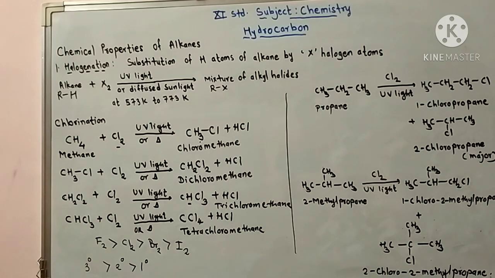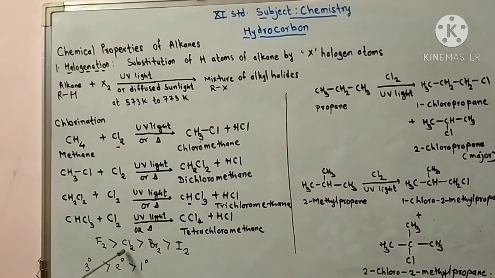The reactivity order of halogens towards alkanes is this: fluorine is more reactive than chlorine, chlorine is more reactive than bromine, and bromine is more reactive than iodine. So the most reactive is the fluorine molecule F2 and the least reactive is the iodine molecule I2.